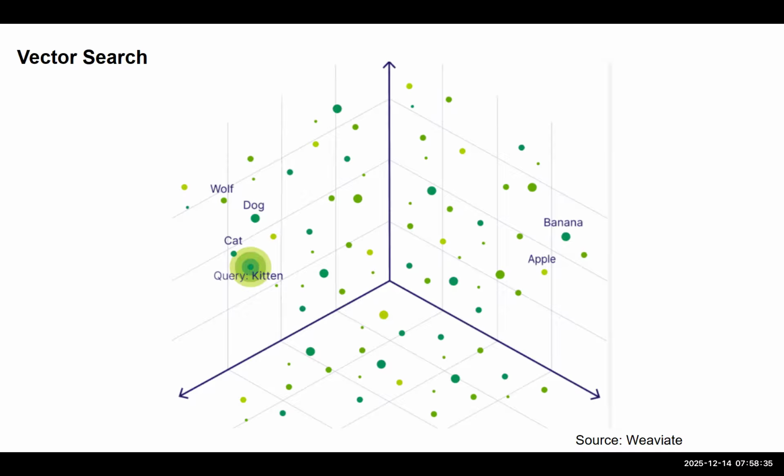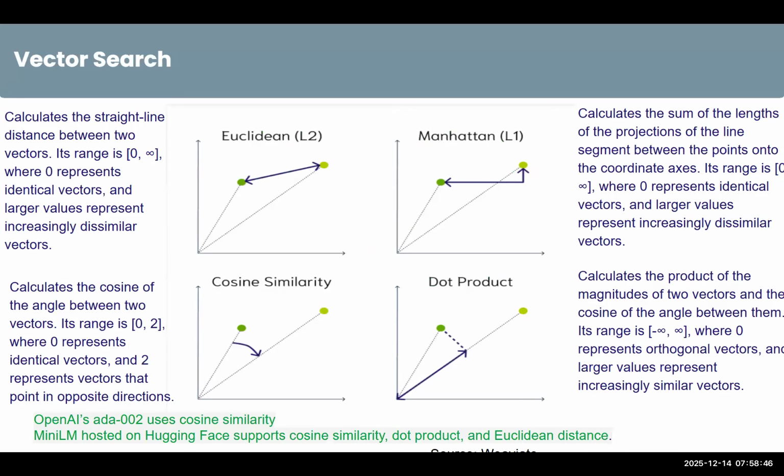So how do I create an index? And how is the vector database able to search, calculate distances, and search from these things? In the vector search, what happens is calculating the distances between two points. There are a few of these algorithms that we see.